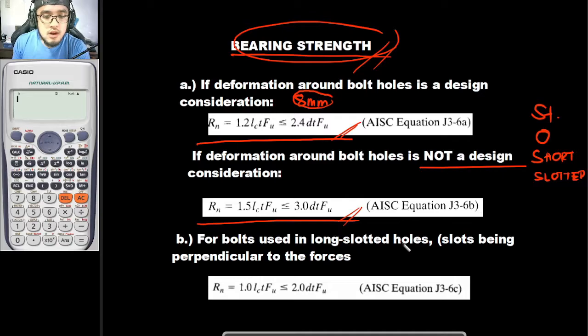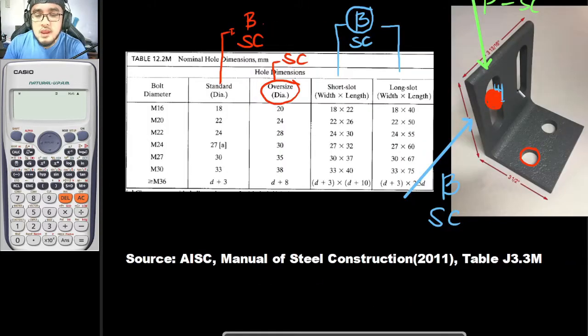But make sure that the slots are perpendicular to the forces, just like what I said earlier in this case right here. So you cannot use it as a bearing type connection if your force is in this manner. The force should only be like this if you will use your slotted holes as a bearing type connection.